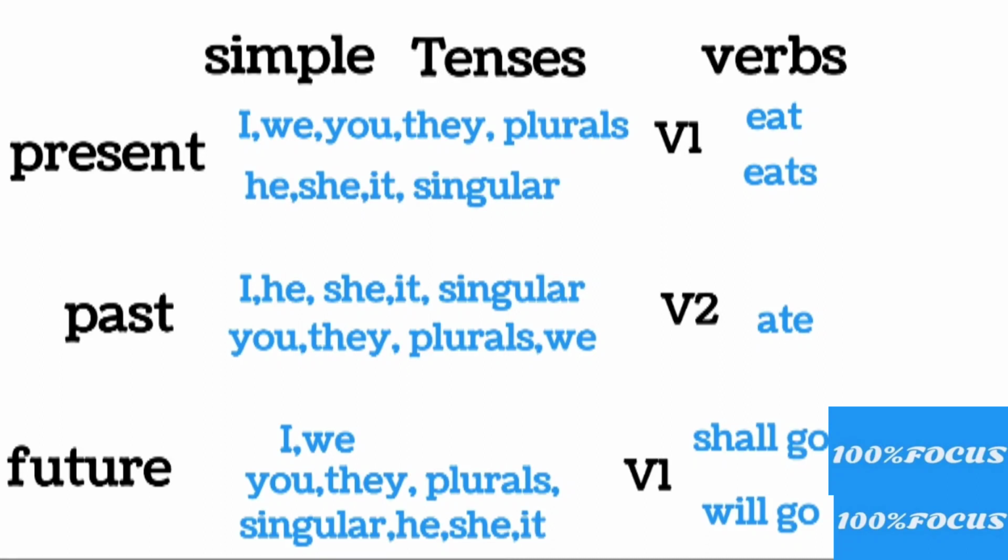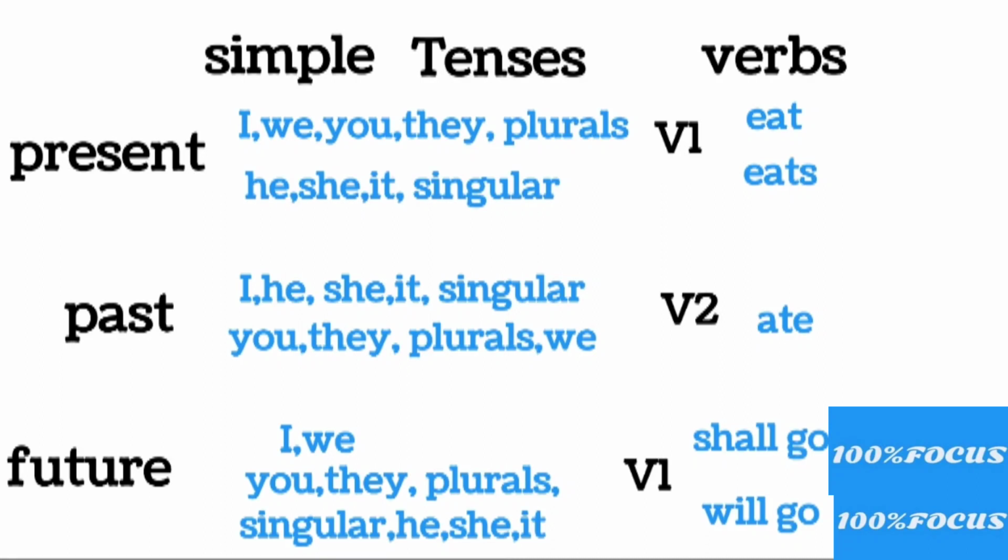Okay? Eat. Present simple lo I eat, we eat, you eat, they eat, children eat. Plural kada children తీసుకున్నాం. For the plural we are taking children. Children eat. And coming to the subjects he, she, it and singular, we are going to take it as eats.